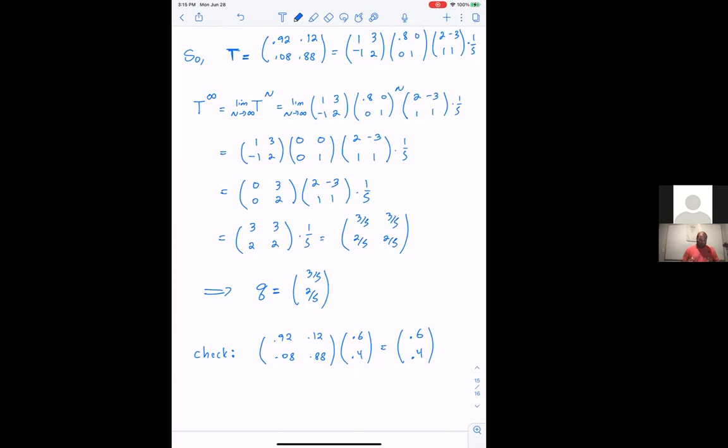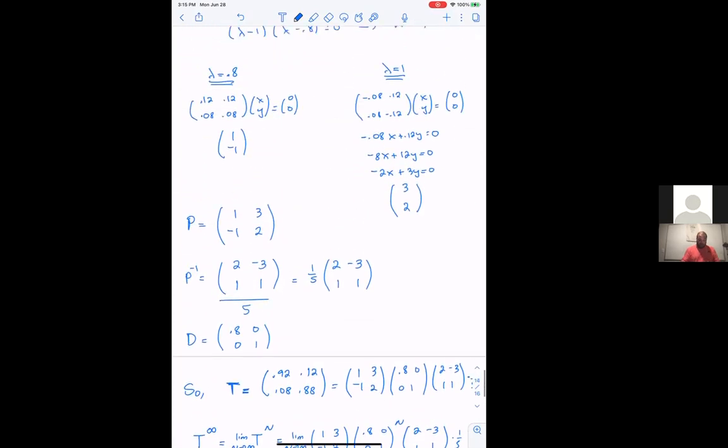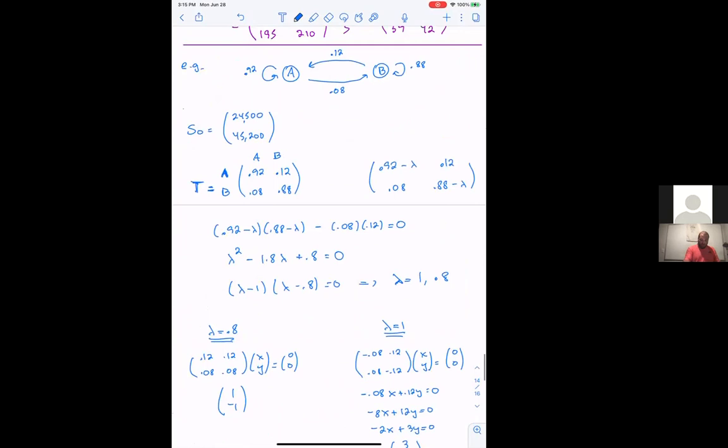How do we incorporate that into my original state vector? Well, the total amount of people is 24,500 plus 45,200.